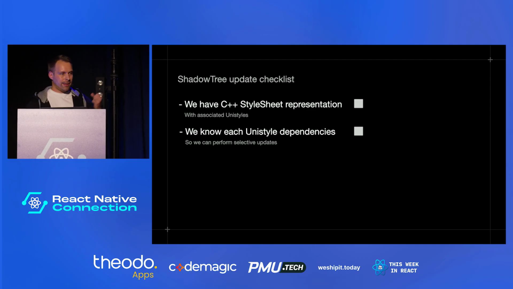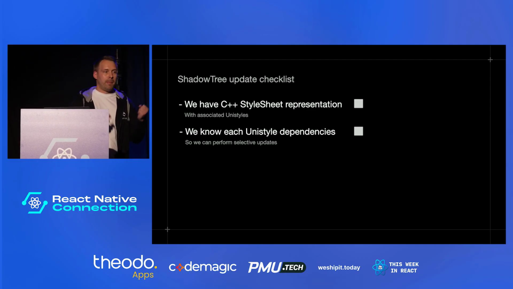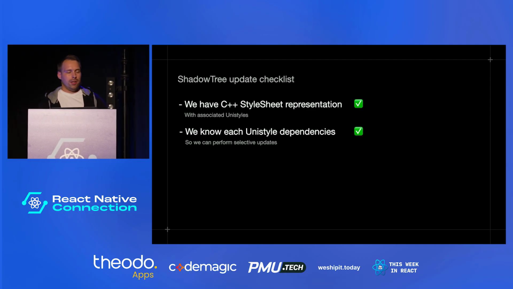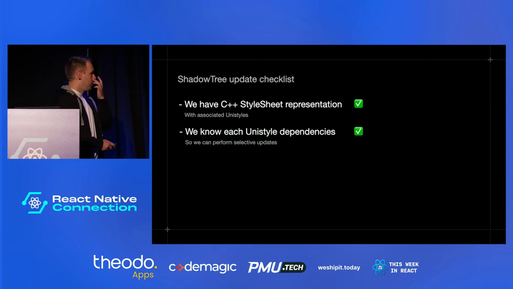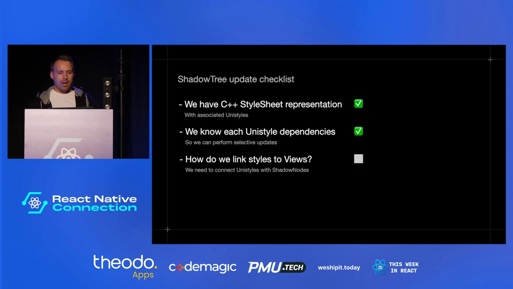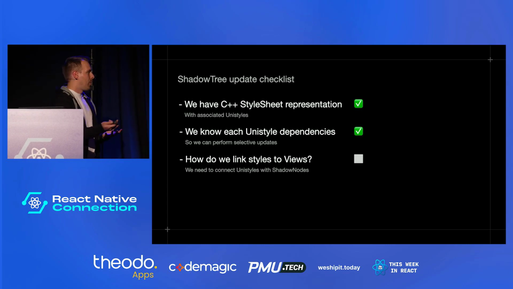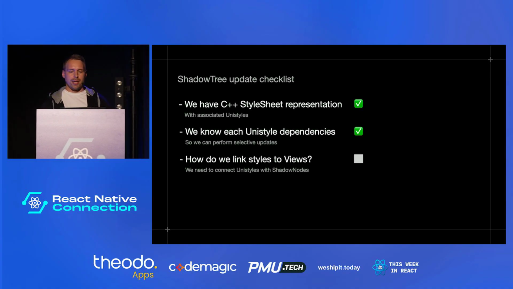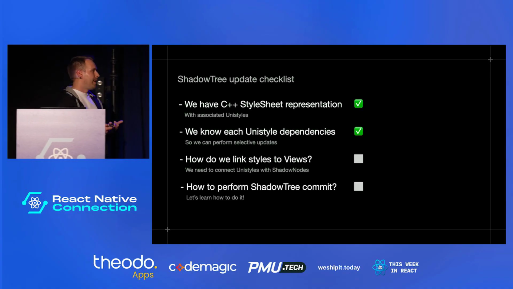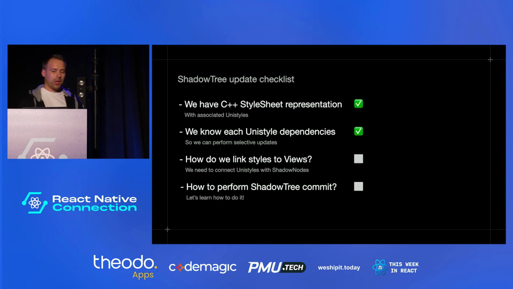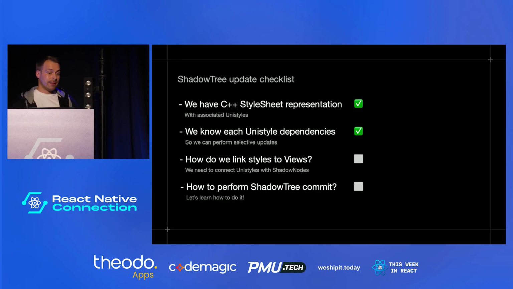So we can take dependent styles based on the event. Now, in order to finish our job, we need to do two more things. We need to know how to link styles to views, because there is no information in the style sheet that, for example, one of your views uses a Unistyle. Also, we don't know yet how to perform shadow tree commit. So let's learn how to do it.